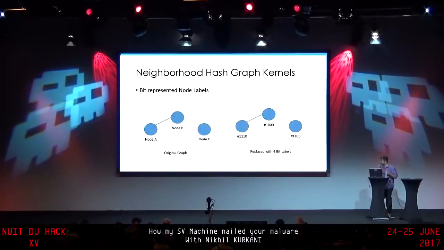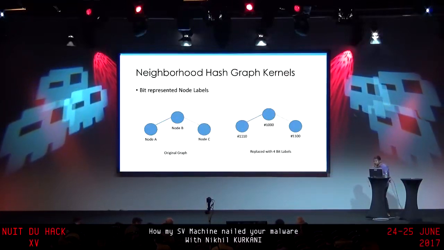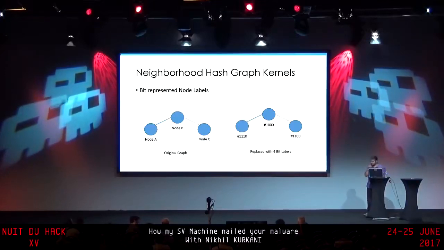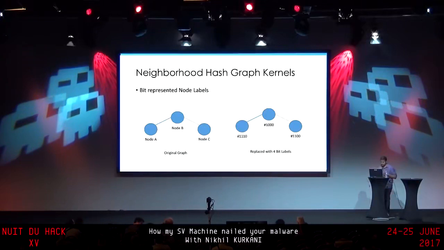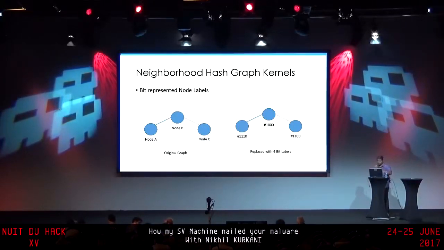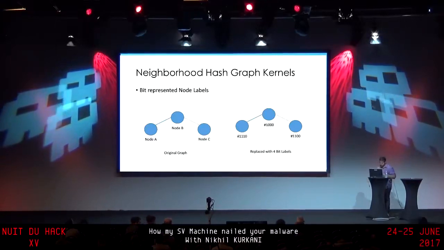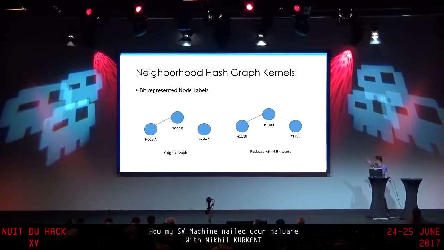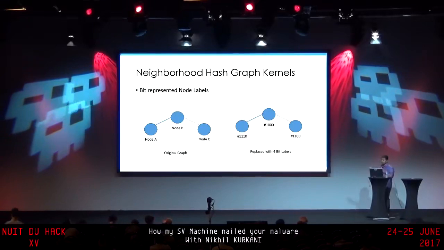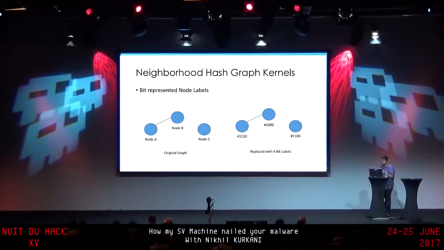The next method that we considered was using the neighborhood hash graph kernels. This is also called the Hido and Kashima method, which is quite well known. In the generalized way, let's consider the original graph, which has node A, node B, and node C. The second graph that we see here is basically replaced with 4-bit labels, which are hashes 1110, 1000, 1100.